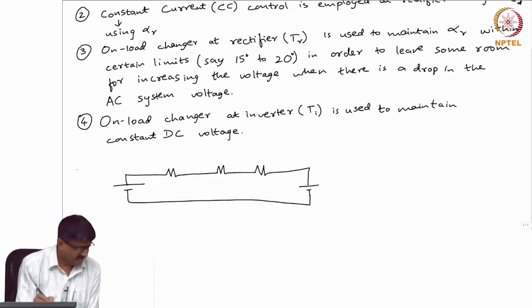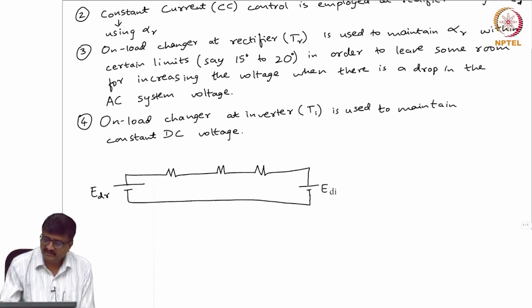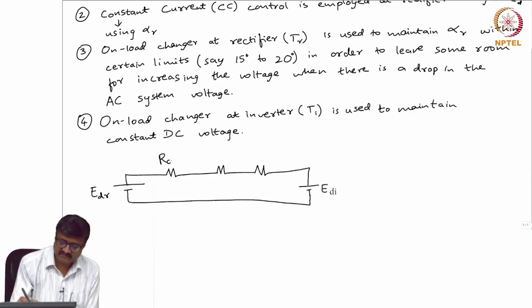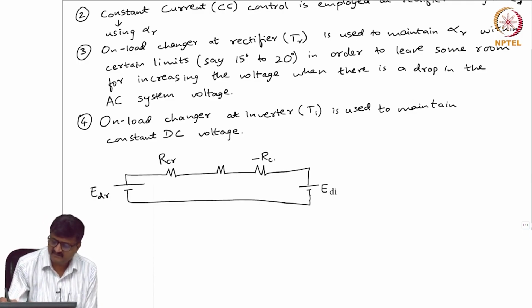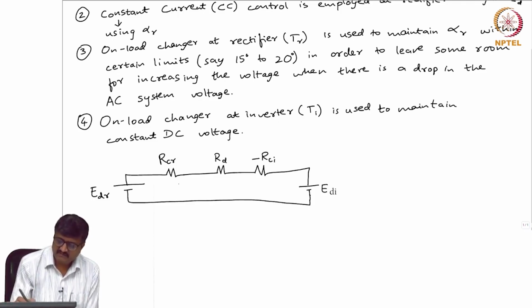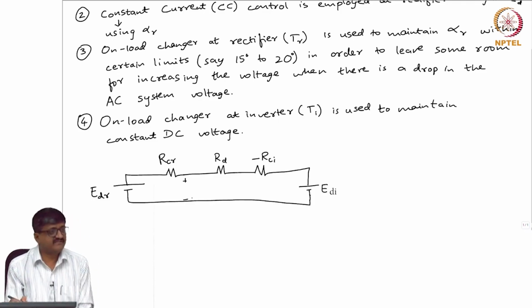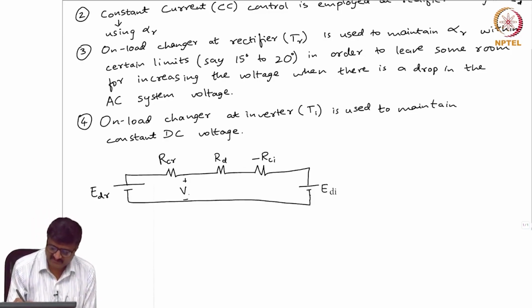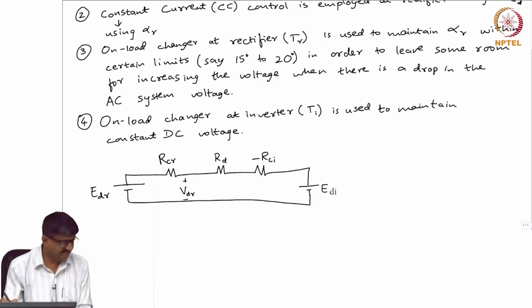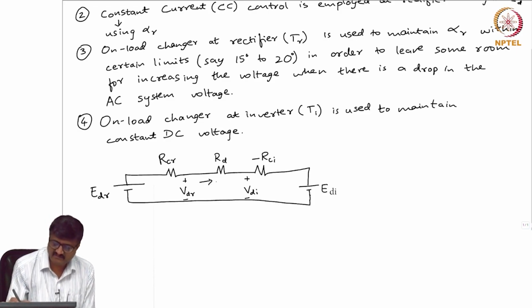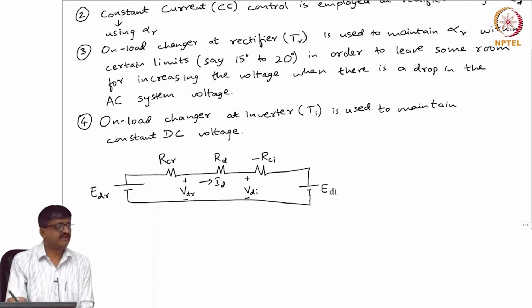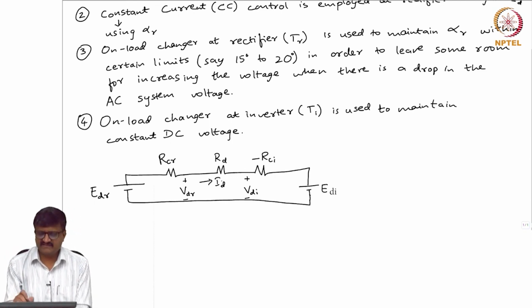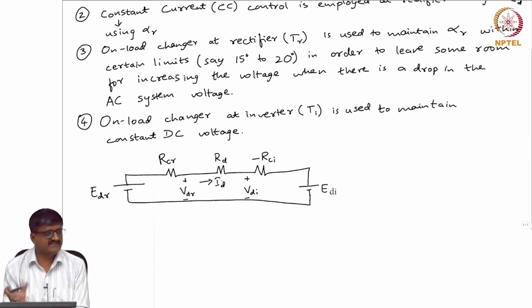So I have the voltage EDR here, EDI, RCR, minus RCI, RD. RD is the physical resistance of the transmission line, and the voltages which are actually present in a physical system are VDR and VDI, and ID is also a physical current that flows in the DC transmission line. But RCR, RCI, EDR, EDI are just representations.